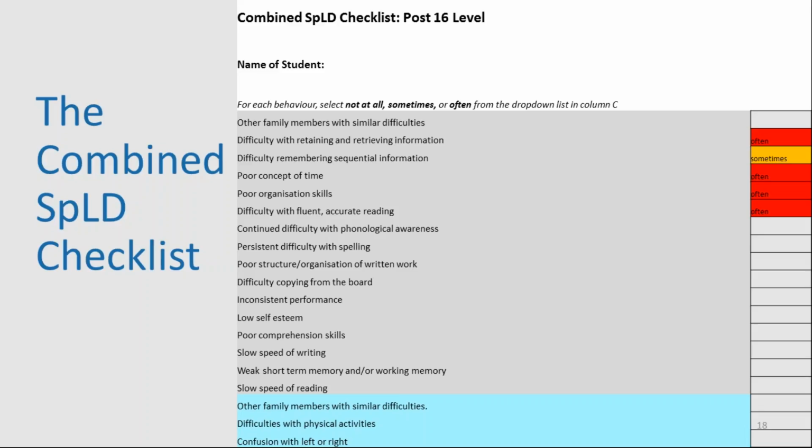So all those difficulties, it's pulled together all the traits and characteristics that you might find. And the aim of this is to discourage educators from seeing students in terms of one particular SPLD. So for example, Joanne is dyslexic, and so she'll have difficulties with X, Y, and Z. It's not quite as simple as that, as I'm sure you already know.